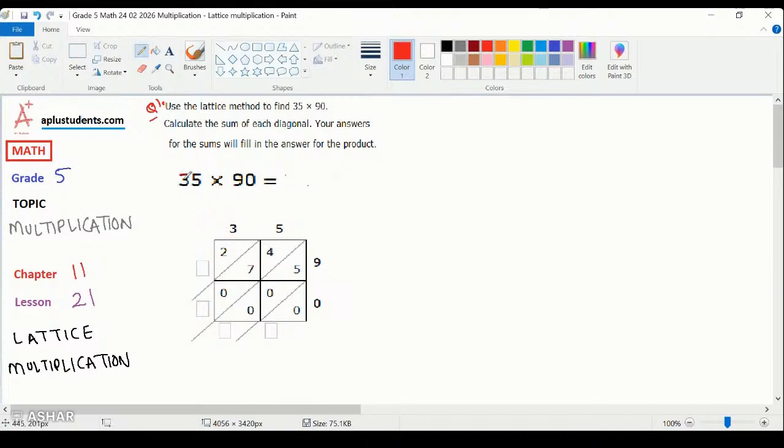This was 35, they wrote 30 and 5. If this was 90, they write 9 and 0. So let's multiply 5 by 9.